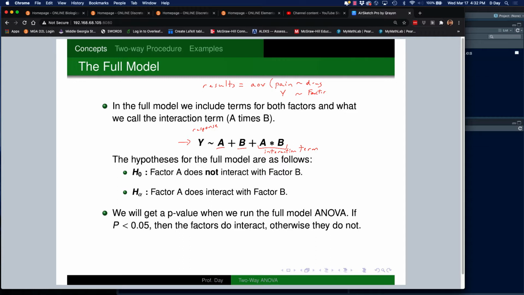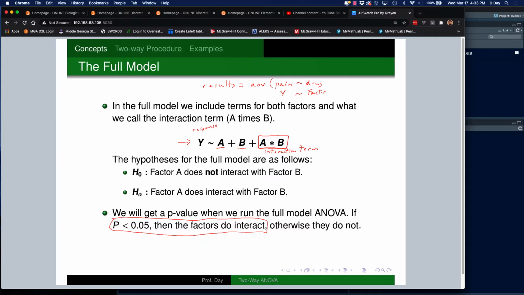So how do we decide, p-value wise? We're going to get a p-value for this interaction term when we run this full model ANOVA. If that p-value is smaller than 0.05, then the factors do interact. We're going to use an actual cutoff here of being less than 0.05.